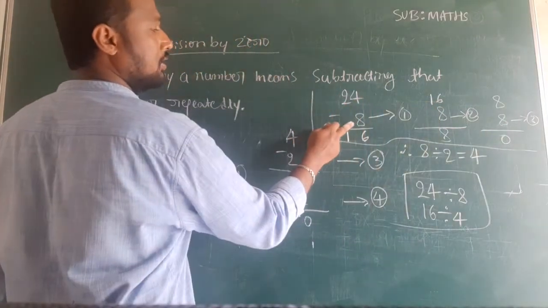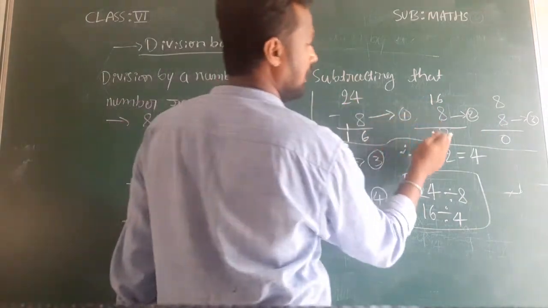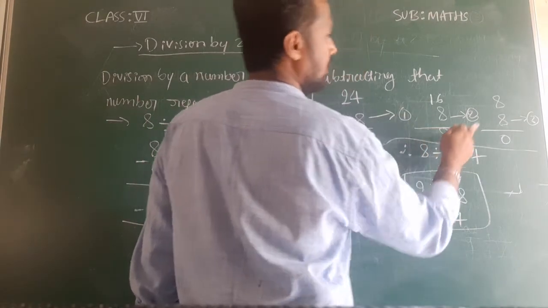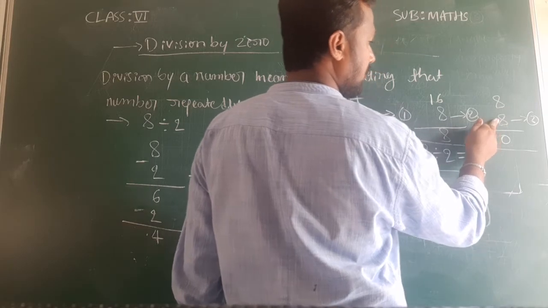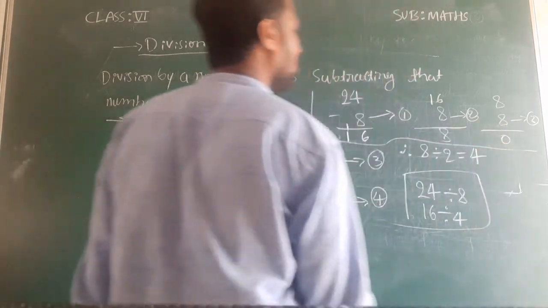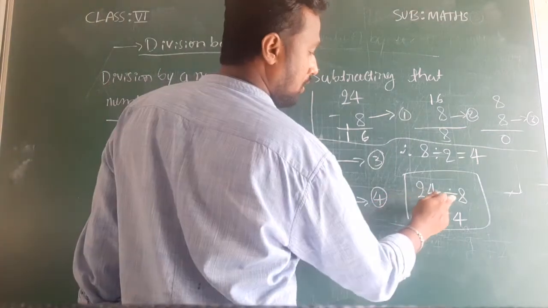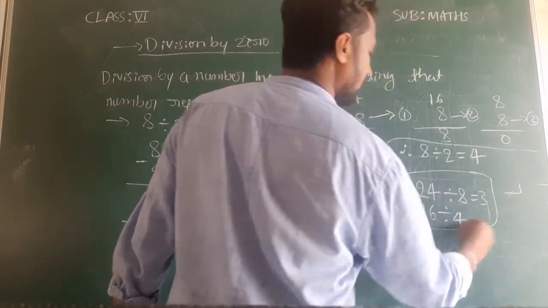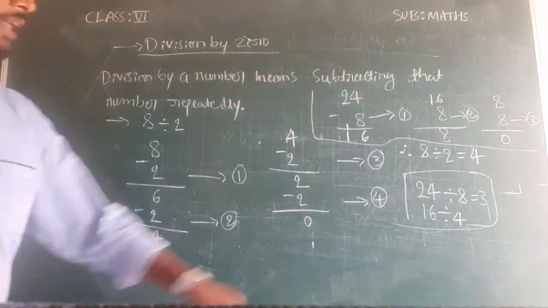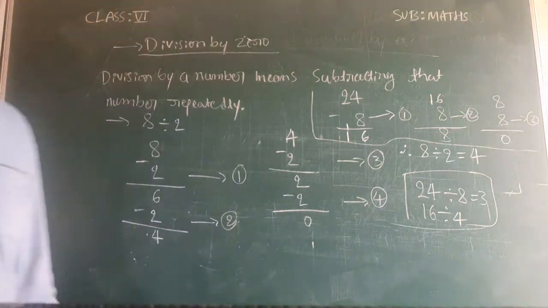Because 24 minus 8 means 16, 16 minus 8 means 8, and next we subtract 8 from 8 again. Totally 3 times we subtracted and we got 0. So 24 divided by 8 means we get 3 as the answer. Like this only, try to solve the remaining problem, that is 16 divided by 4.